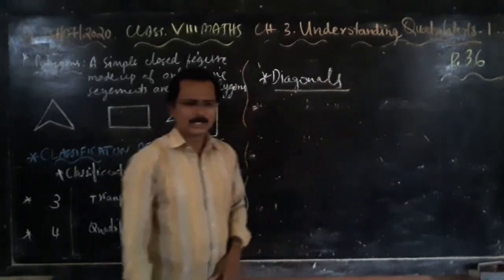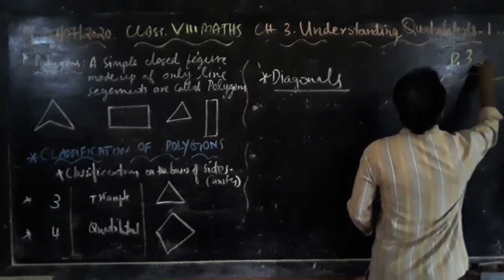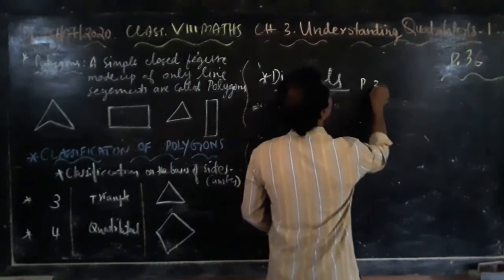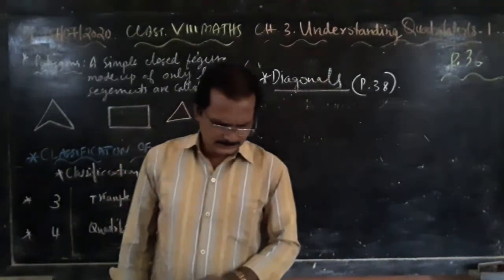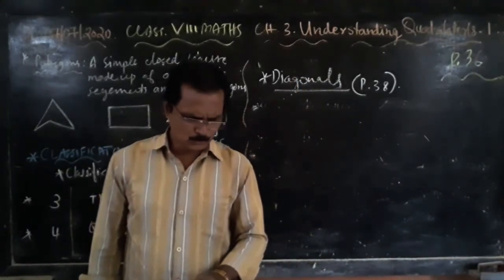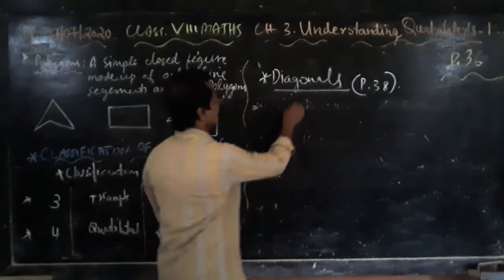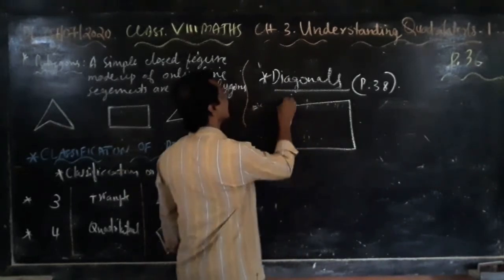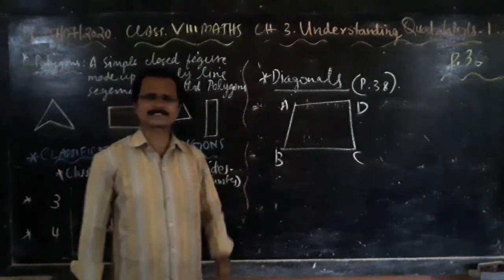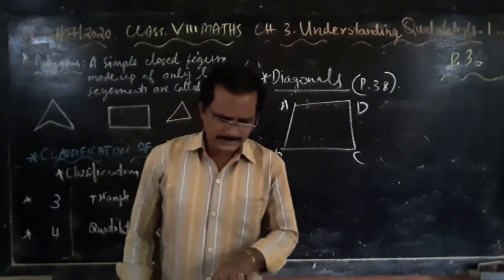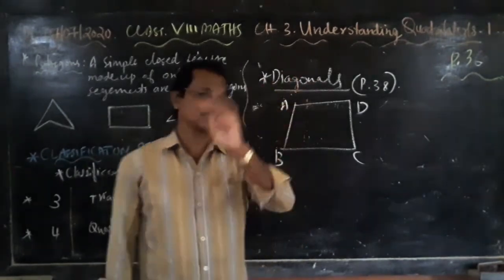So you can see on page number 38. A diagonal is a line segment connecting two non-consecutive vertices of a polygon. See, say quadrilateral ABCD. Okay, it's very simple. How to construct a diagonal? What is a diagonal? A line segment connecting two non-consecutive vertices.